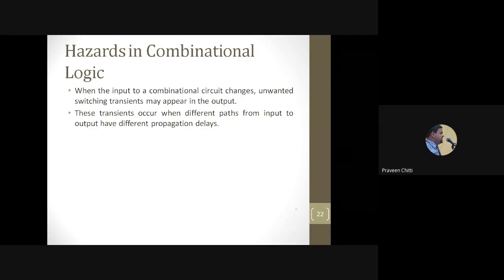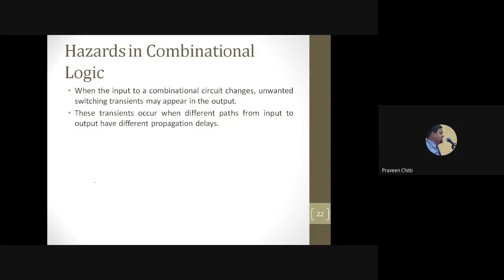When the input to a combinational circuit changes, normally the output should change immediately without any transients. But many a time, when the input to a combinational circuit changes, unwanted switching transients may appear in the output, and these unwanted switching transients are called hazards in the combinational circuit.